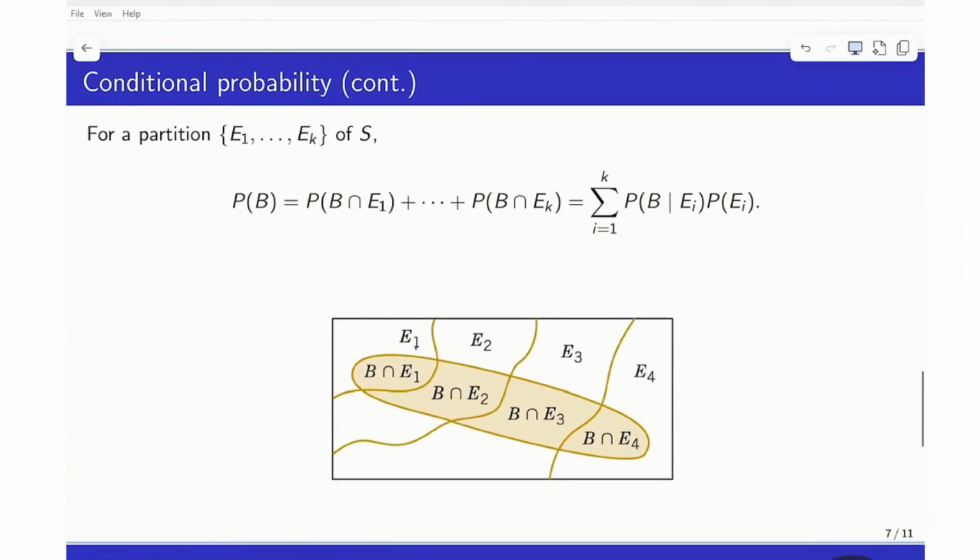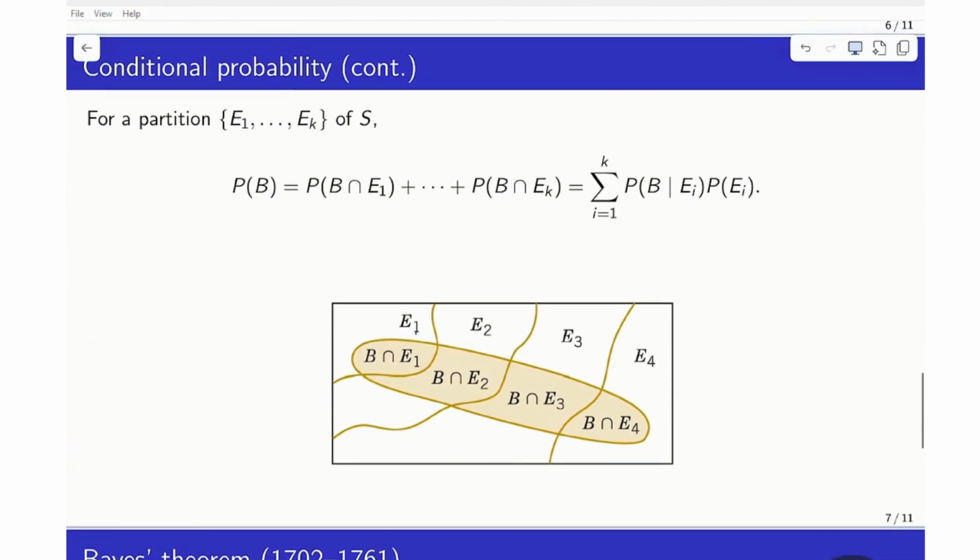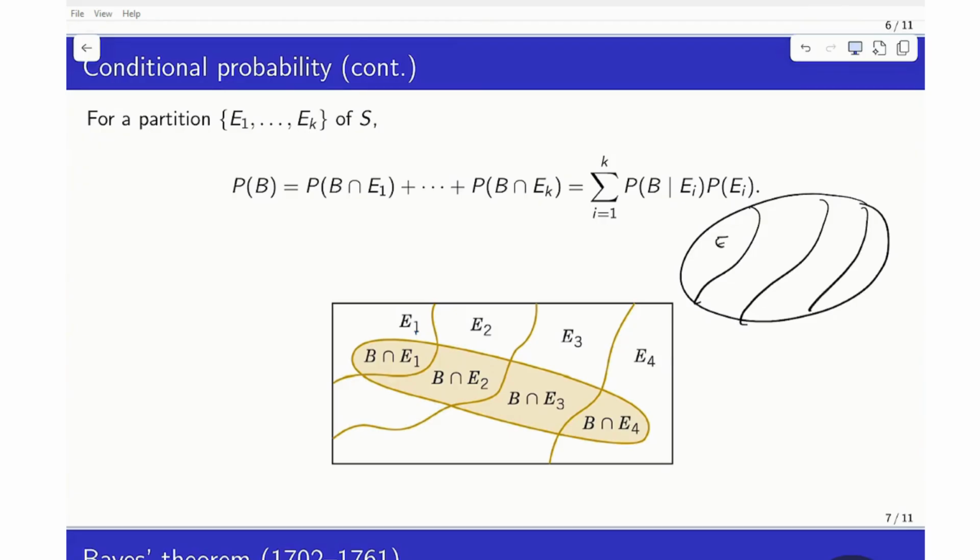In general, Bayes theorem works with a partition of the sample space. So assuming here E1, E2, E3, E4, your sample space is partitioned. I will draw it here. This is our population. We divide it into mutually exclusive events.